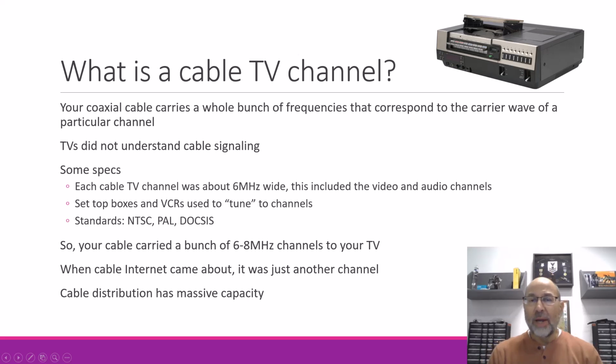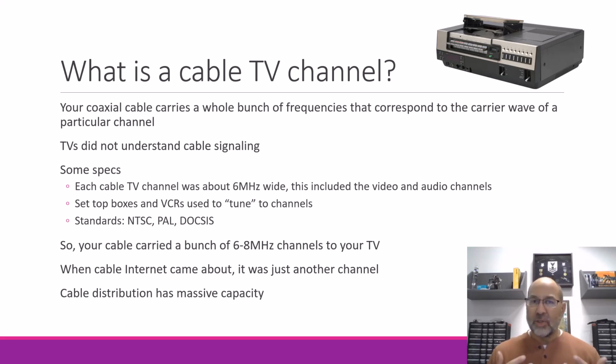Now, what is a cable TV channel? Well, as I just said, when we were going through broadcast television, the tuner on your TV actually changed the characteristics of the electrical circuit and tuned into a particular frequency. And that frequency was the carrier wave, which the TV modulated or demodulated, I should say, so you could see what was broadcast.